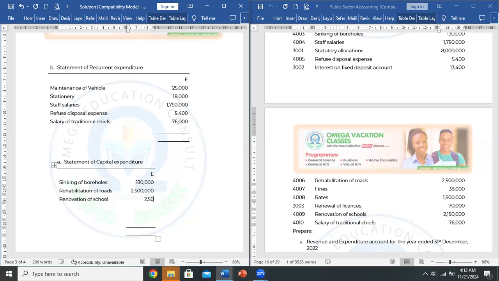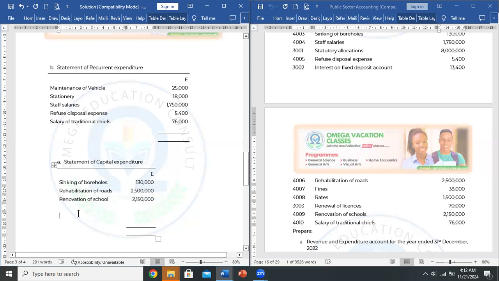True. Yeah. So you hear them say, oh, we are coming to renovate the lab. And the quantum of work they do there, they virtually remove everything, fix new fittings, you know. So rehabilitation and renovation constitute capital expenditure. Note that.